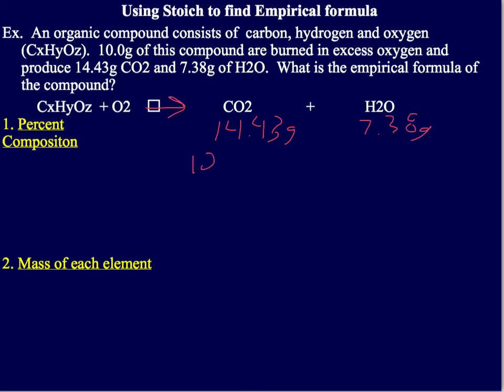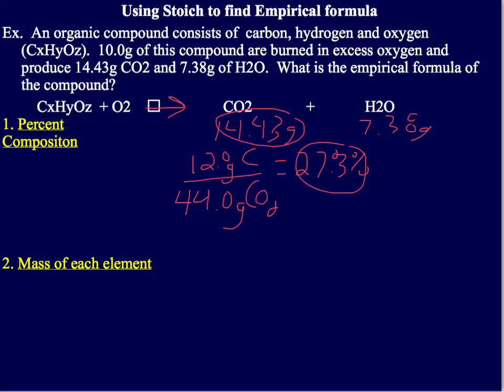We're going to take carbon, which weighs 12 grams per mole. You can just look that up on your periodic table. Divide it by the total molar mass of CO2, which happens to be 44, the mass of one carbon and 2 oxygens. You look it up on your periodic table. That gives us a percent composition of 27.3%. Okay? So of this 14.43 grams, 27%, a little over a quarter of it, is carbon. And remember, when we say "of," we're multiplying, and we'll do that in step 2.